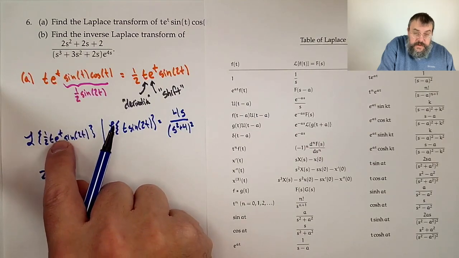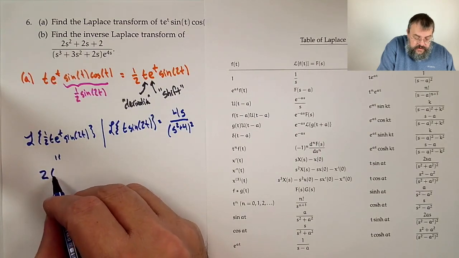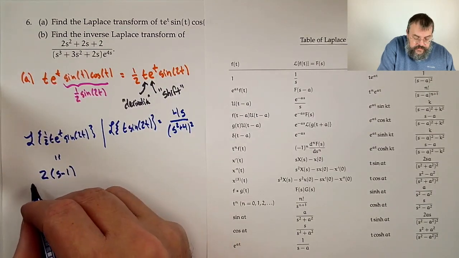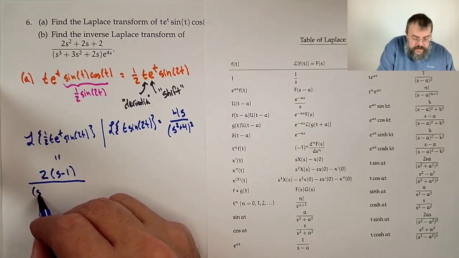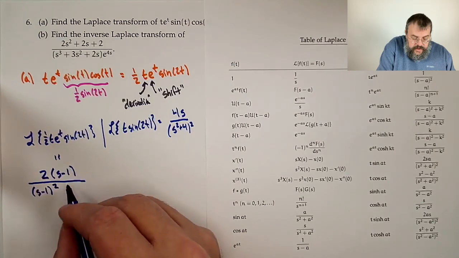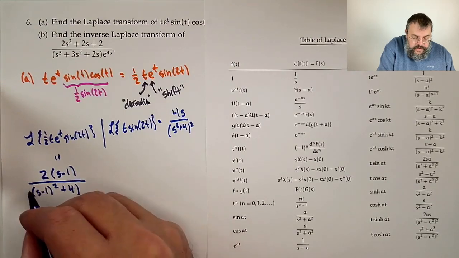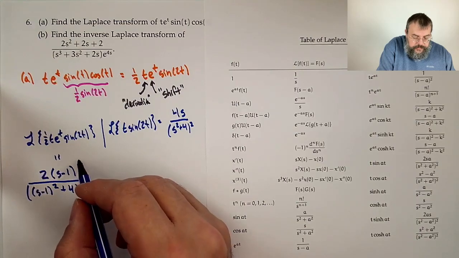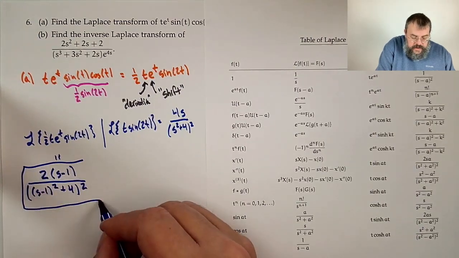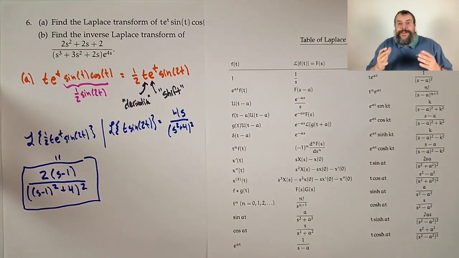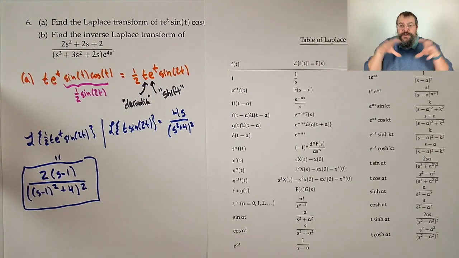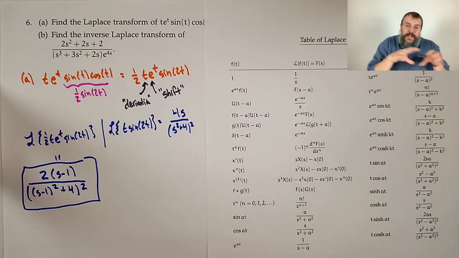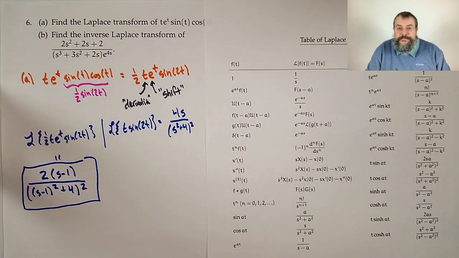S, we're shifting because of the e to the t, so s minus 1. Downstairs, the s becomes (s minus 1) squared plus 4, quantity squared. And we're done. See? We were able to say, aha, push the sine and cosine together. We know how to do t sine 2t, and then the e to the t causes it to do a shift. And that's the whole thing.